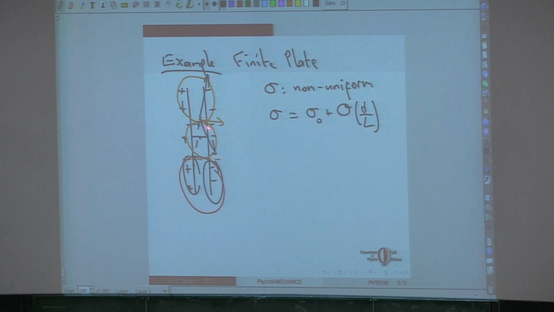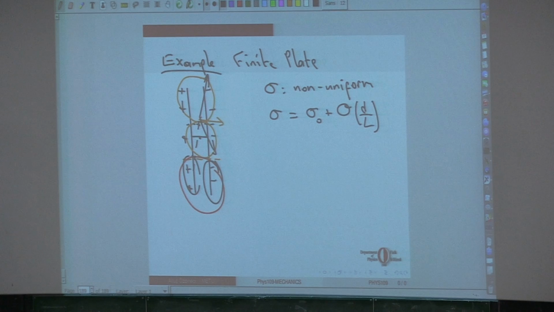So close to the positive plate, the electric field line will be somewhat pointing upwards because it's closer to the positive charge. These positive charges, not these ones, by the way. If I'm closer to the negative plate, then that point is closer to these negative charges over here than these ones. So the electric field line closer to the negative plate will be somewhat pointing downwards. Of course, always perpendicular to the surface when it intersects the surface.